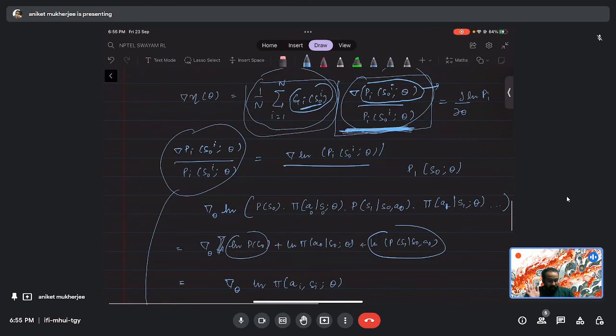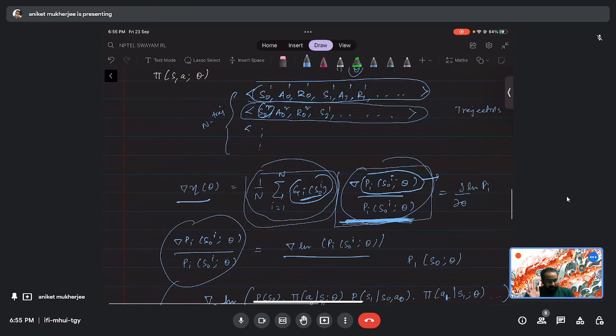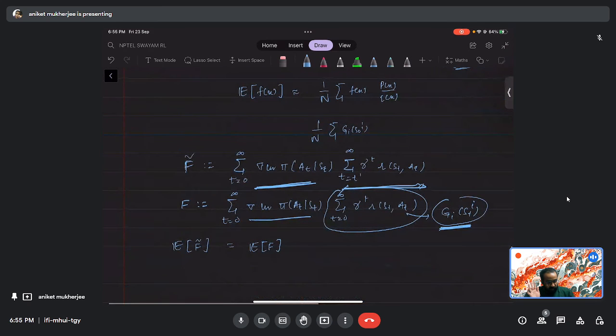So basically your gradient update is this term, the expectation of f. This is your grad theta. So this is actually equal to grad of your value function given a pi.